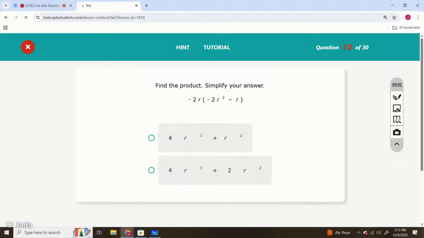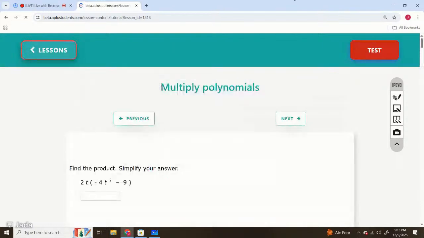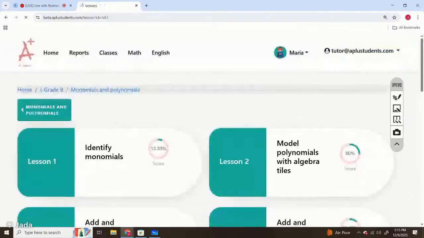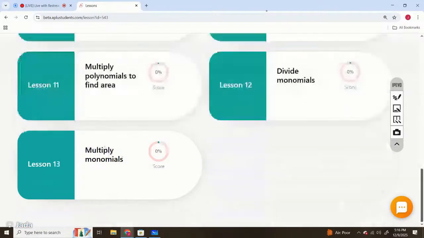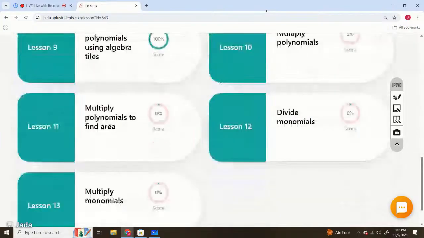The next lesson is multiply polynomials to find area.